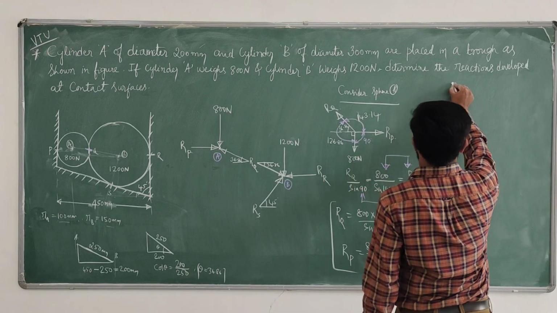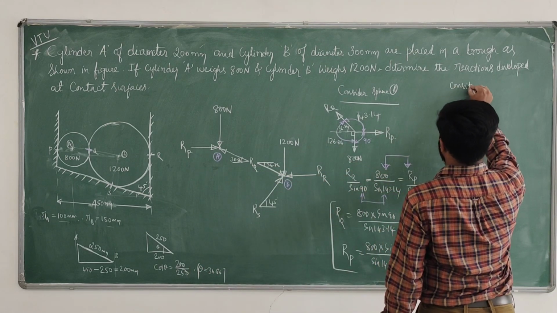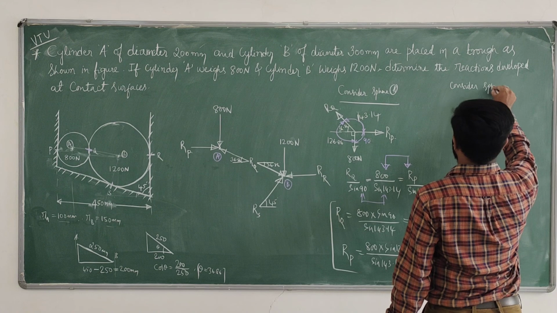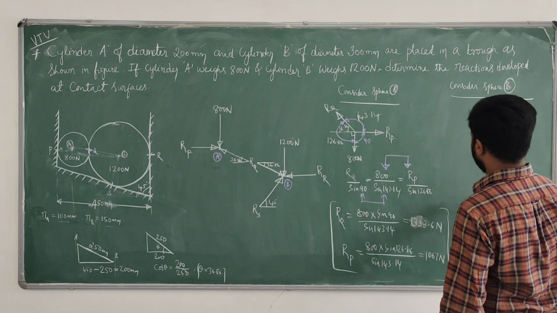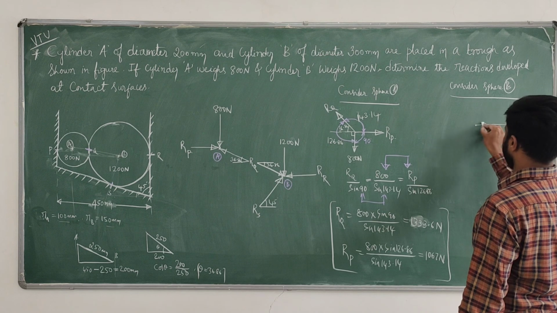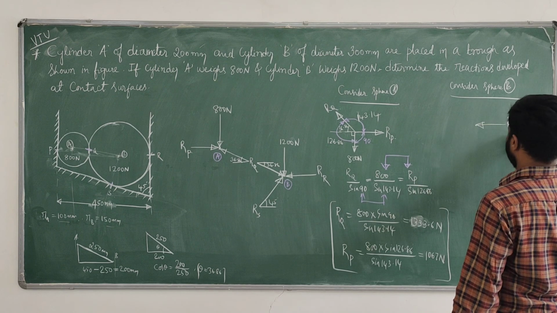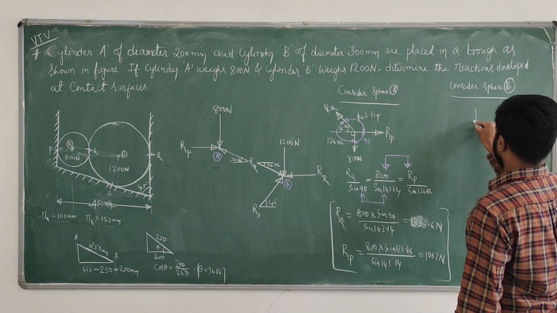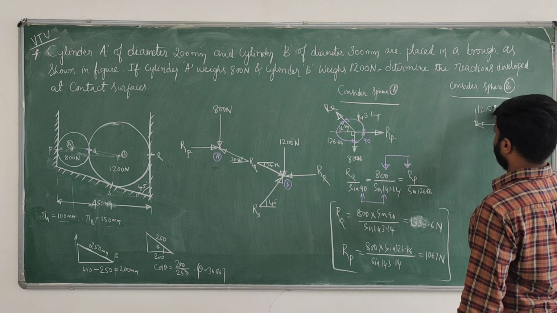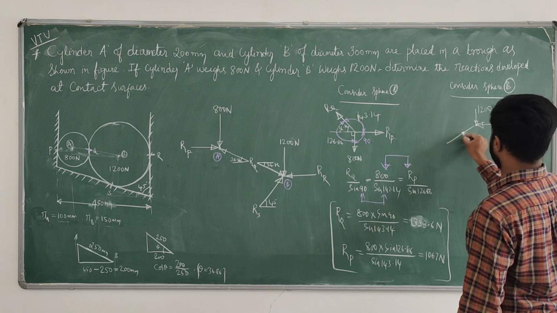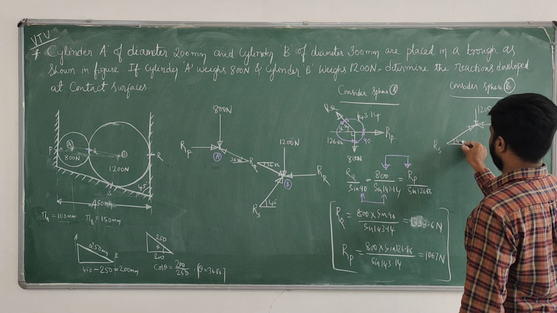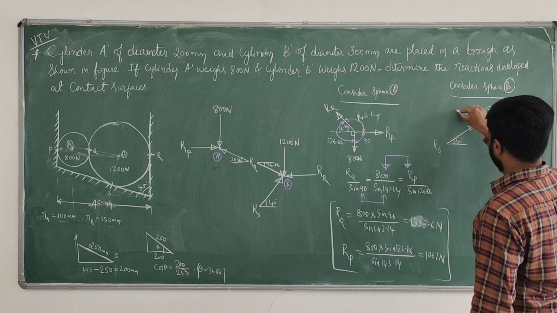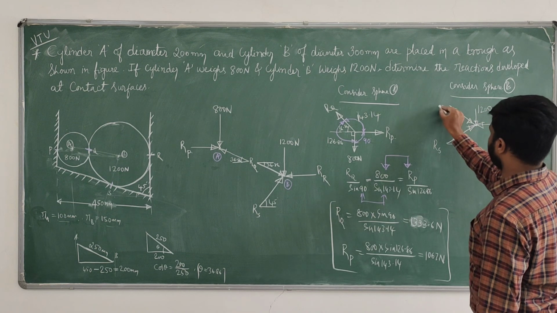Next, consider sphere B. For sphere B, write the free body diagram. Here you are having 1200 Newton. One more, this is RS at 45 degrees, and one more you are having, that is RQ.